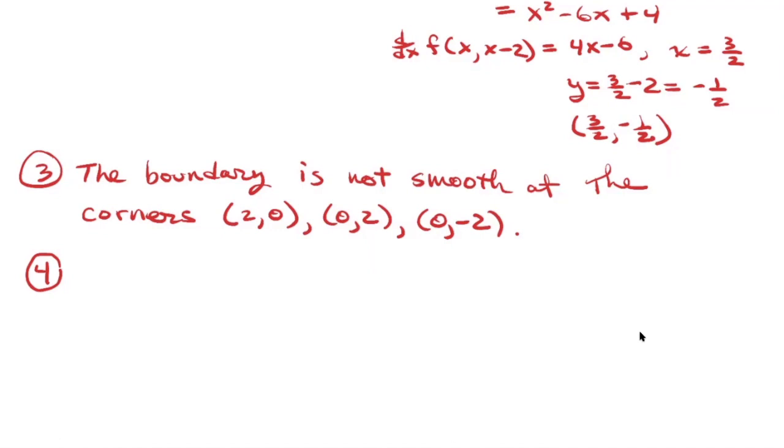So the first point was 1, 0, and then the 3/2 plus or minus a half. Got it. So there was 1, 0. There was 3/2, 1/2. There was 3/2, -1/2.